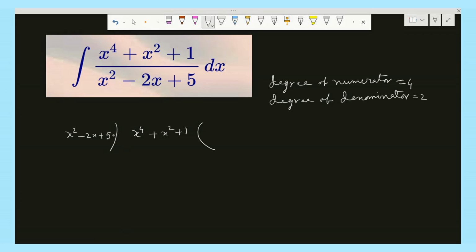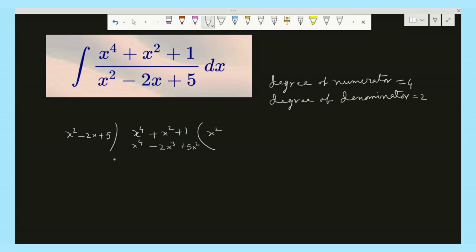To eliminate x to the power 4 we must multiply the divisor by x square. Whenever we multiply the divisor by x square, we get x to the power 4 minus 2x cube plus 5x square.